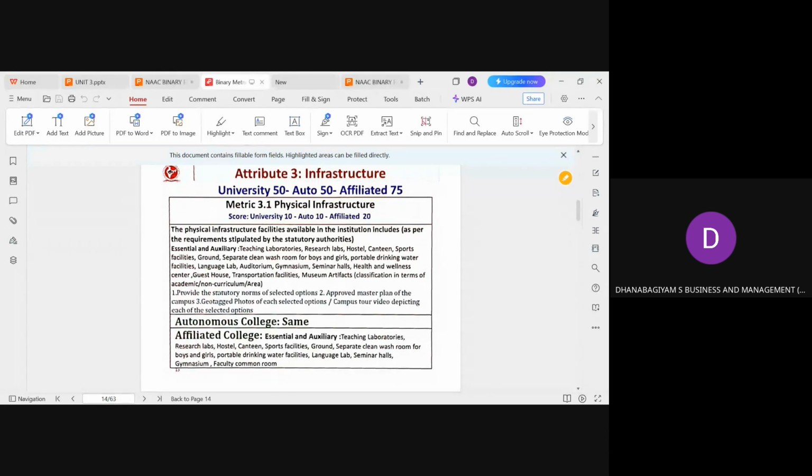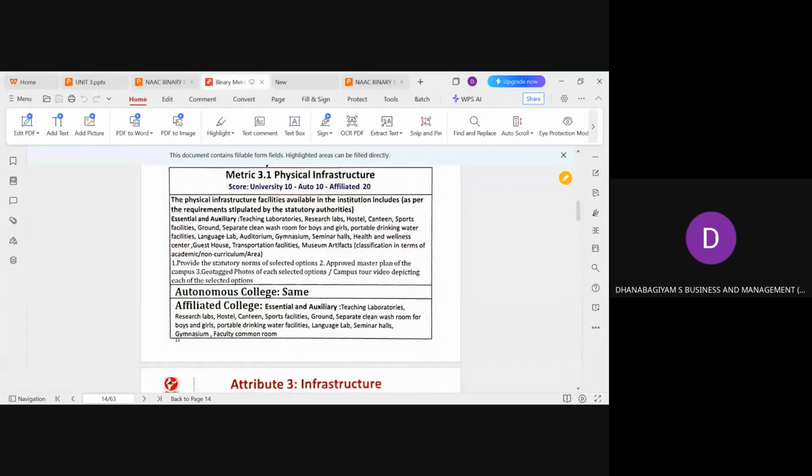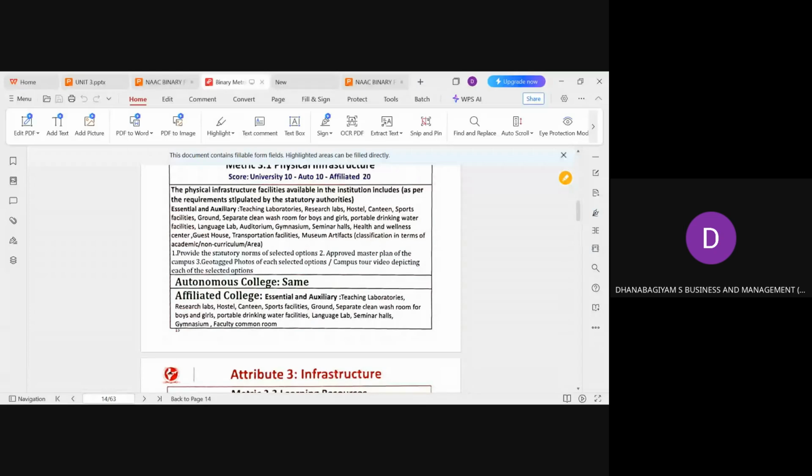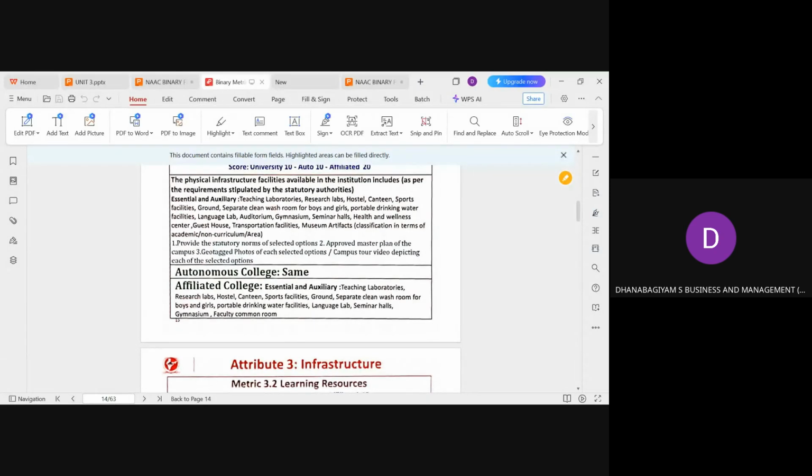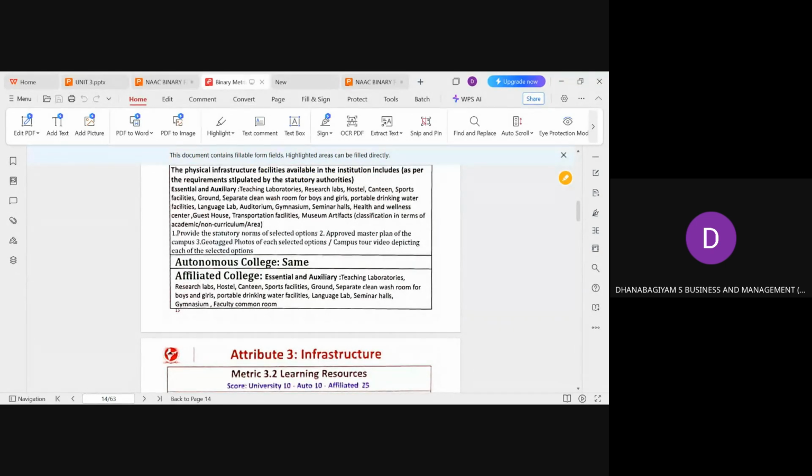According to the norms and specifications, we should have all the facilities. For example, under affiliated colleges, we should have the teaching laboratory, research labs, hostels, canteen facilities, sports facilities, ground, separate clean washrooms for boys and girls, potable drinking water facilities, language lab, seminar hall, gym, faculty common room.